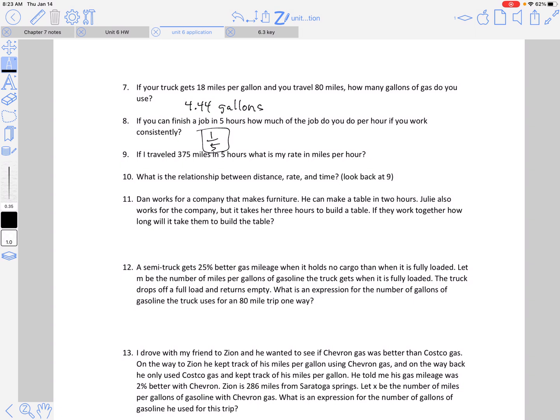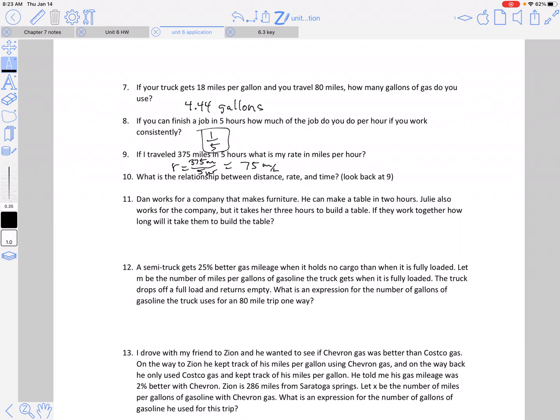All right, if I travel 375 miles in 5 hours, what is my rate in miles per hour? So I want to know the rate, and that's going to be miles, which is a distance, per hour, which is a time, right? So I'll divide those out, and I'll get 75 miles per hour.